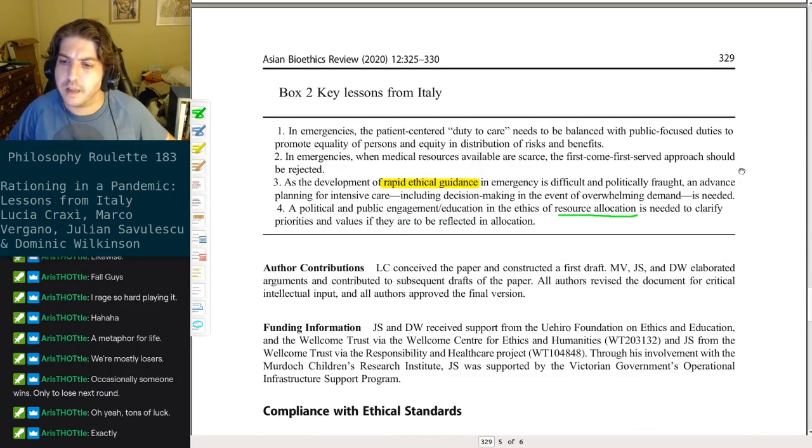So again, the rapid ethical guidelines, I think that's an interesting concept, that there even could be some such thing as rapid ethical guidelines. Basically, you have palatable political solutions wrapped up in some sort of ethical speech, is really what I think it comes down to. So that's a question.